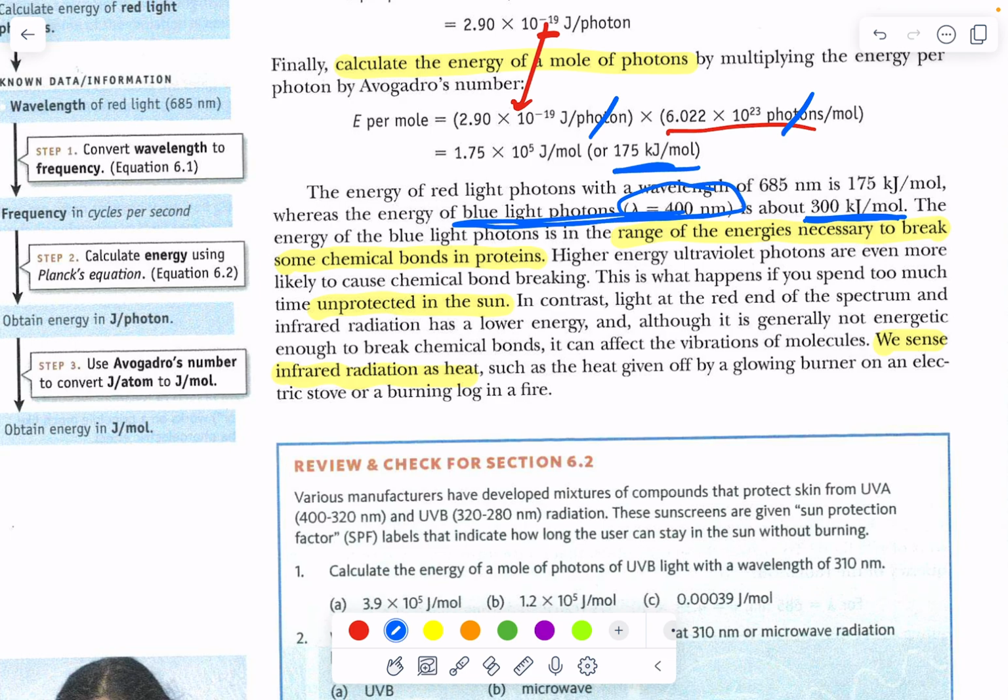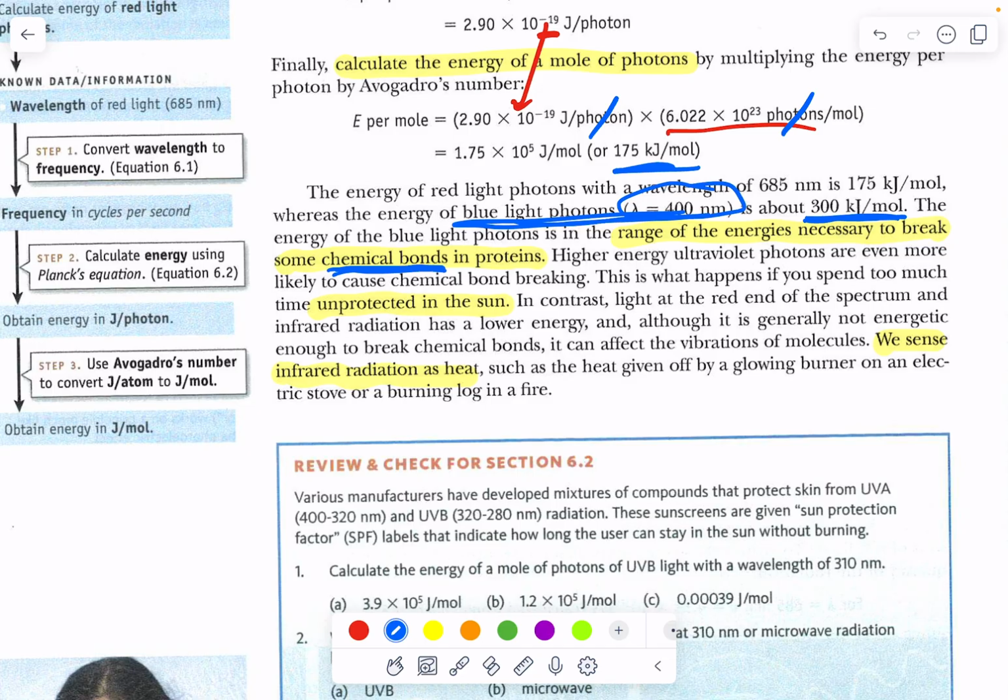And of course, that's what we're very interested in chemistry and in biochemistry. This is the value that the bonds between parts of protein molecules have. And so this is the kind of energy that can break up a protein molecule into its component amino acids and even more than that.